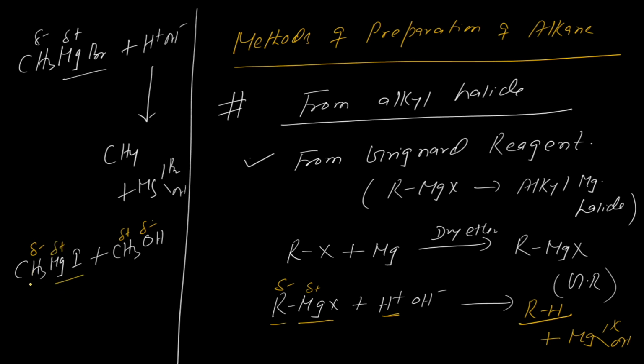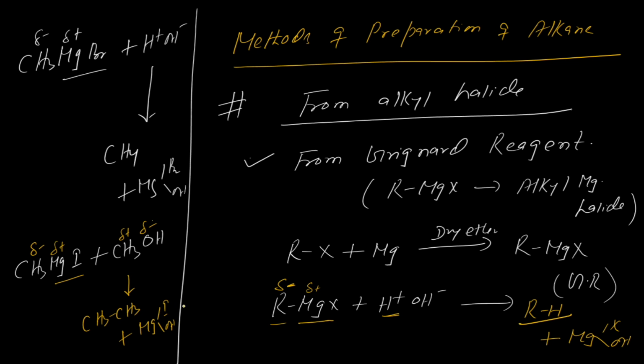So now this negative will get attached with the positive, and this positive will get attached to the negative. So your product will be CH4 plus MgIOCH3. So this is very important information about the Grignard reagent. In case of Grignard reagent, the alkyl group is always negative because carbon is more electronegative than magnesium. So you should keep in mind.